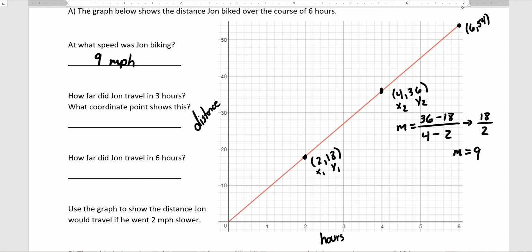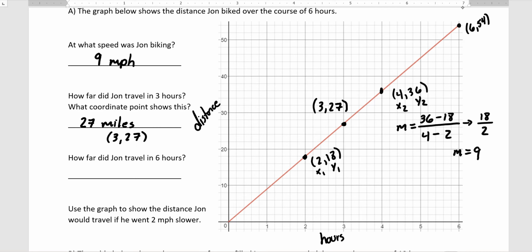How far did John travel in 3 hours? What coordinate point shows this? Well, if he went 9 miles per hour in 3 hours, we have this coordinate point here, and 3 times 9 would be 27, which sure enough is that coordinate. So 27 miles, and that's shown by the coordinate point 3, 27.